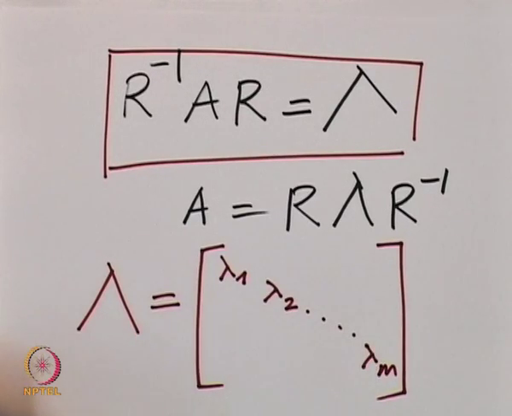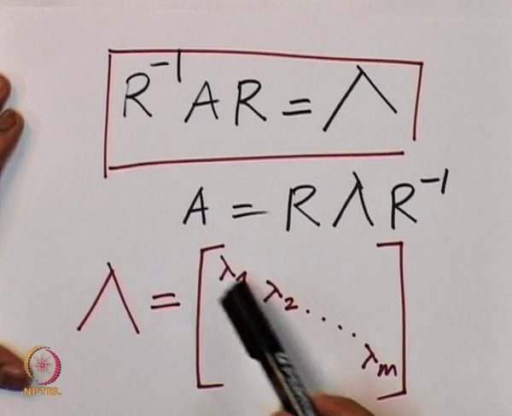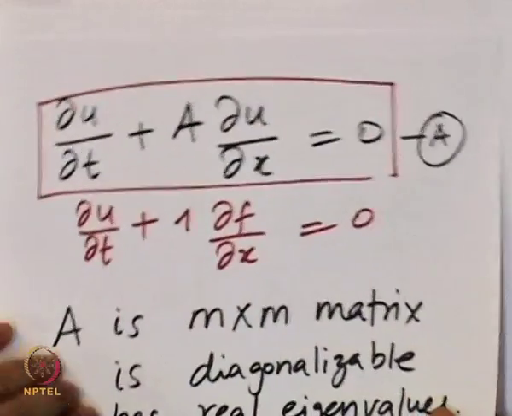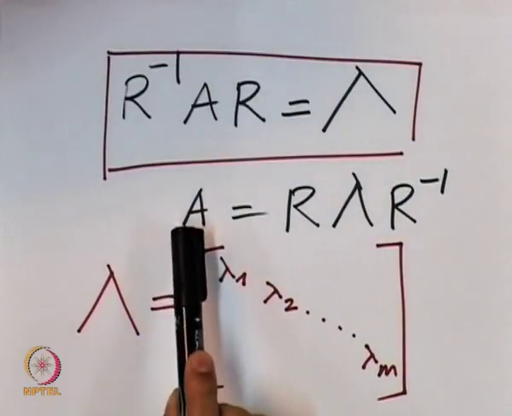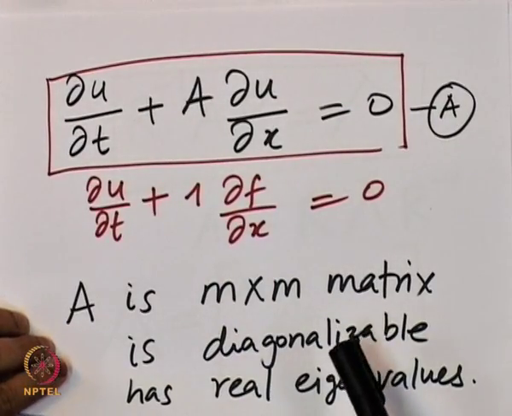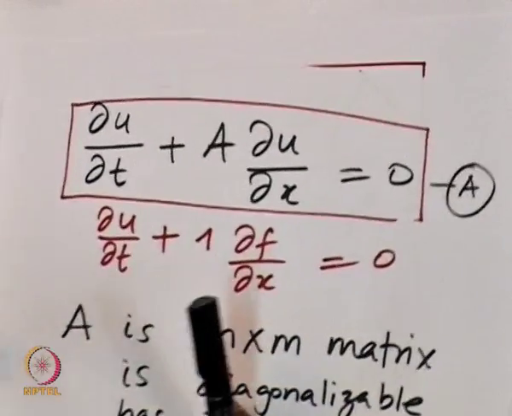So if this is clear, what we are going to do is find how we can use this particular form in the first equation that we had. Basically we are going to use the definition of A in this equation, and then find a way to decouple the equation into various terms.